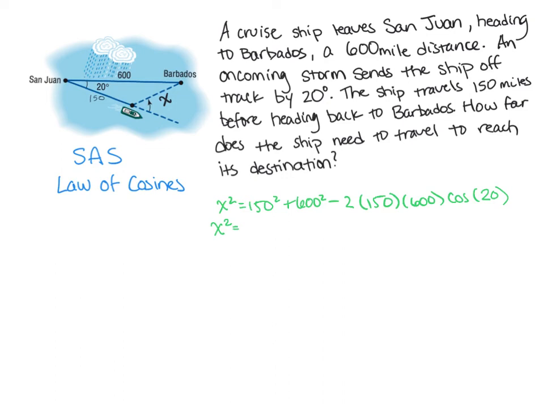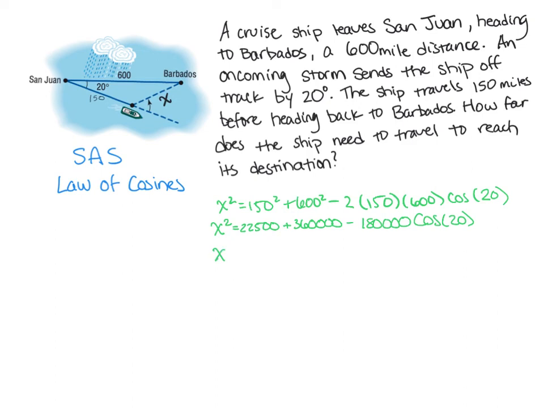So this will be x squared is equal to 22,500 plus 360,000. Yep, making sure I have enough zeros. Minus 180,000 times cosine of 20.